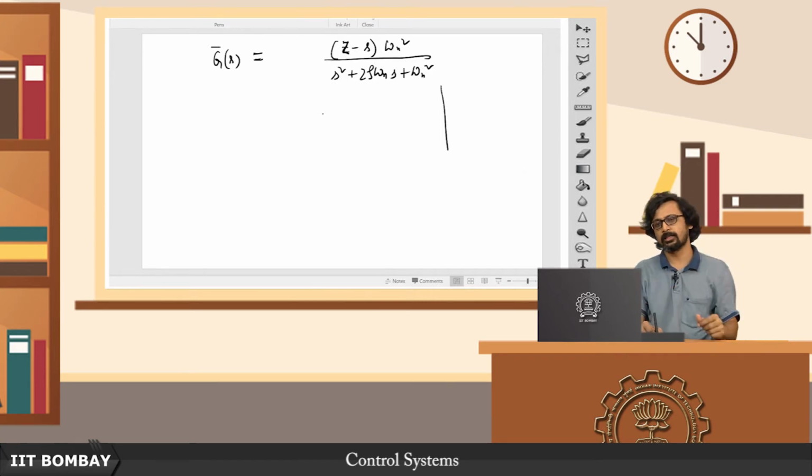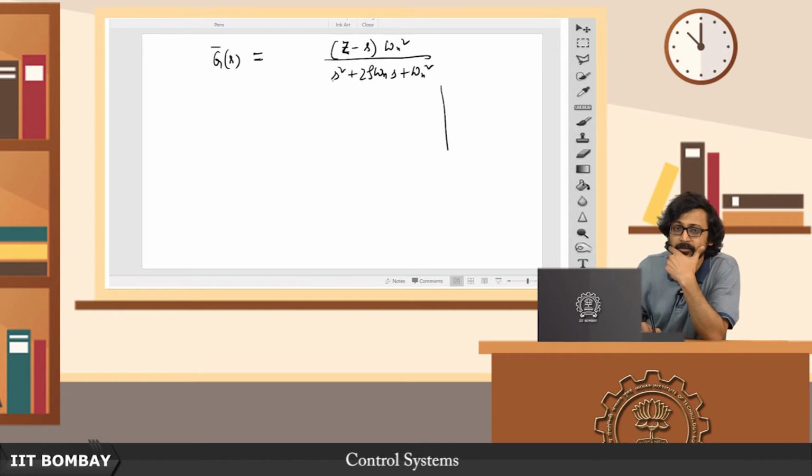But now notice, if I want to study the root locus of this system, I must put it in the conventional form, and the conventional form is not z minus s but s minus z. So then I have to write it in this form.